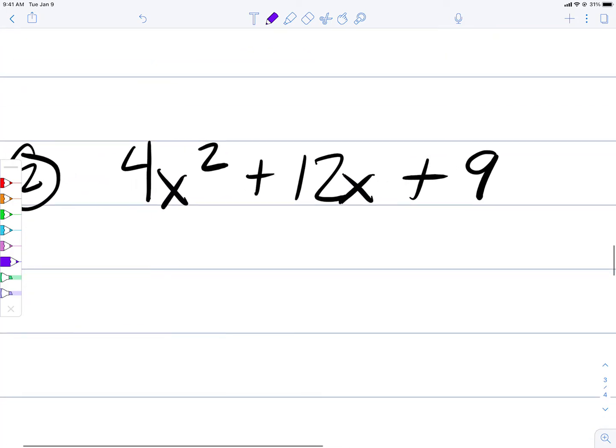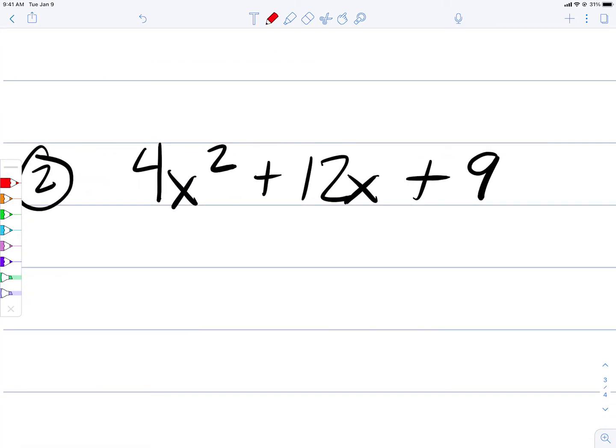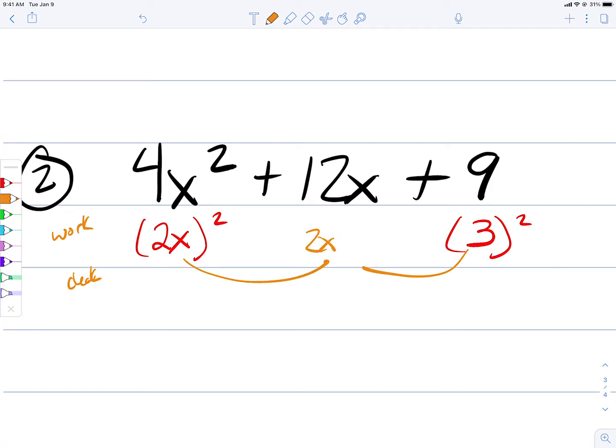Now this one cannot be done as a diamond problem because this doesn't start off with an x squared. But this first term and last term, again, are a square term. The first term is a 2x and the last term is a 3. So this is my work. Now I need to do my check. If I put those two numbers, the 2x and the 3, in the middle with a 2, do I get a 12x?